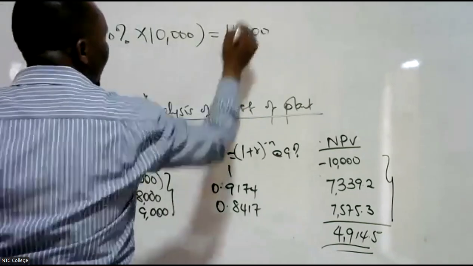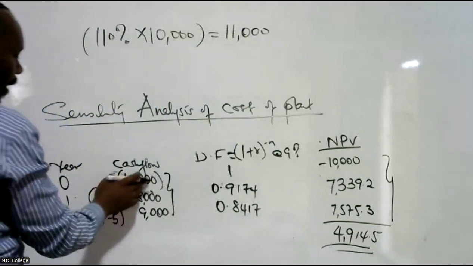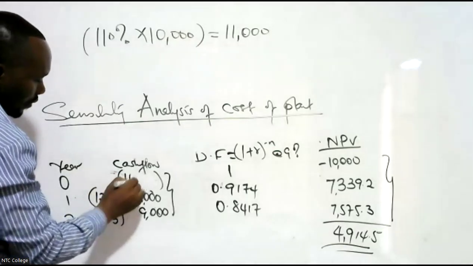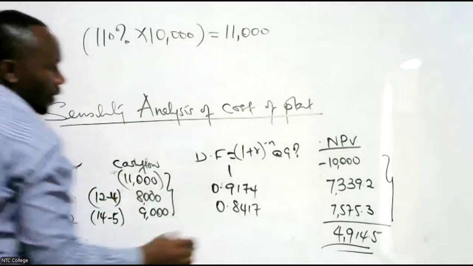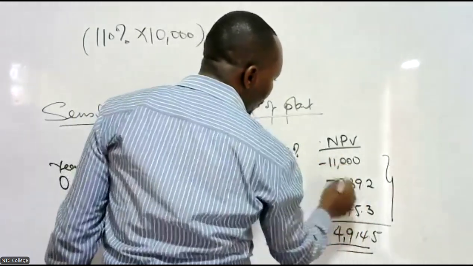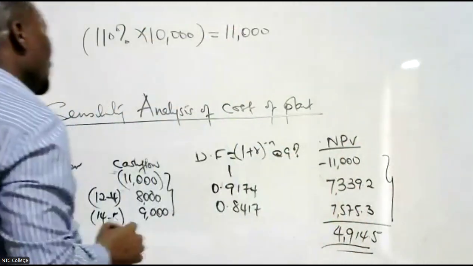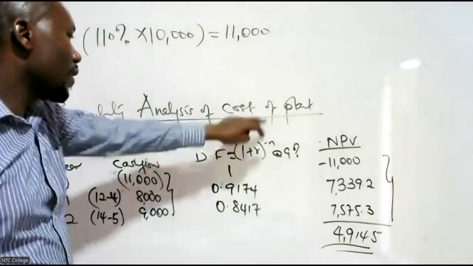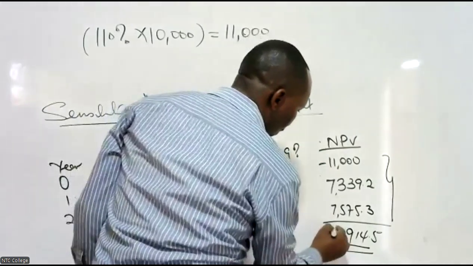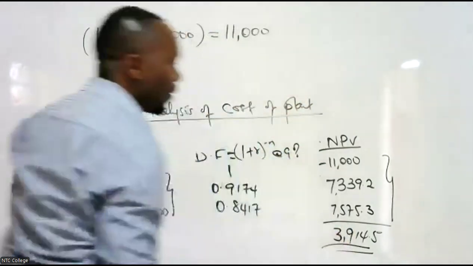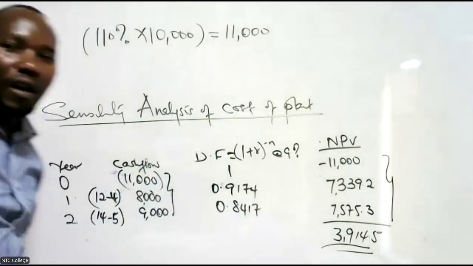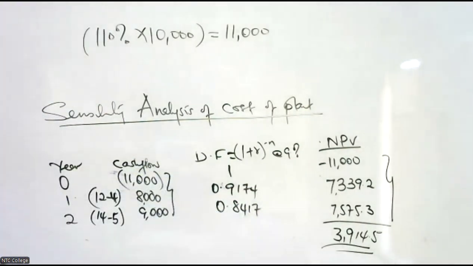You replace it here with 11,000, and this one will also be 11,000. After variation of cost, the new NPV will be 3,914.5. We only change the cost, the rest remains constant.